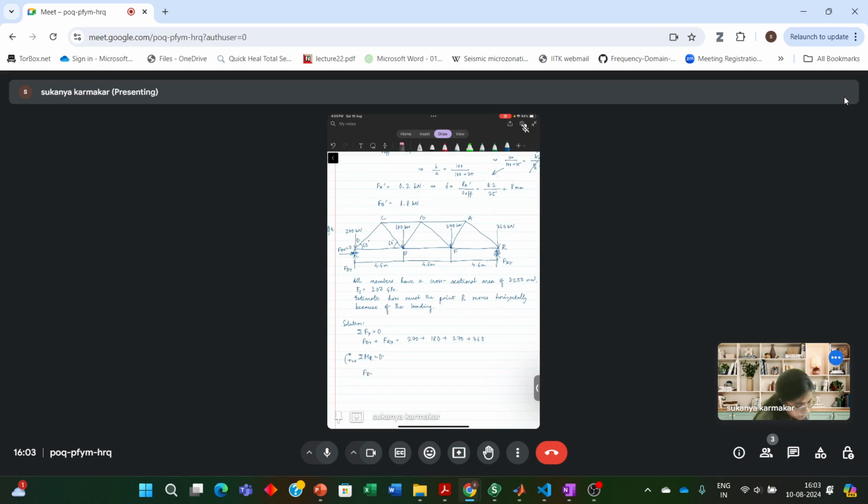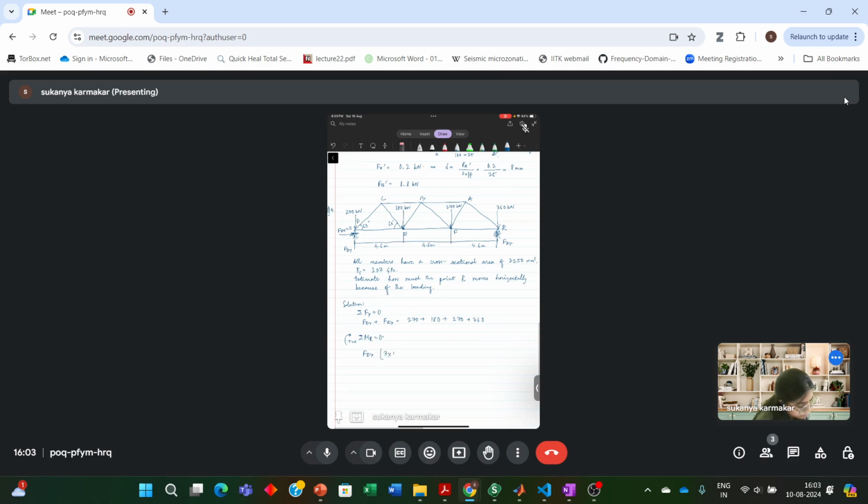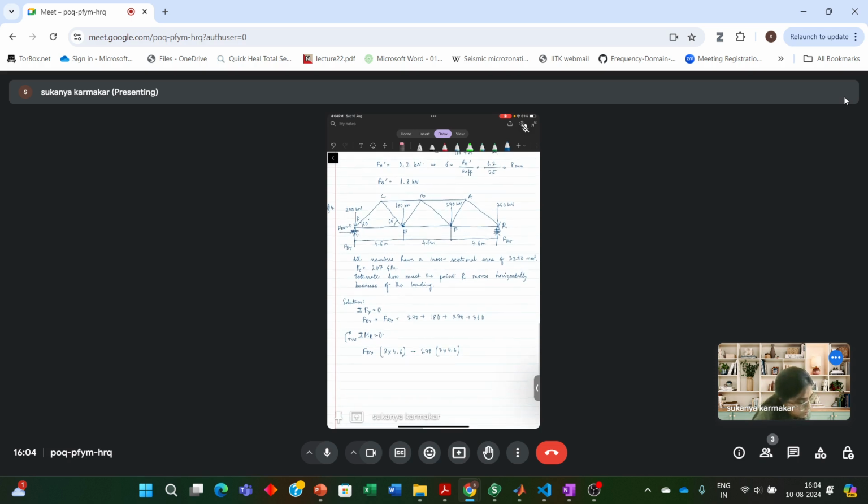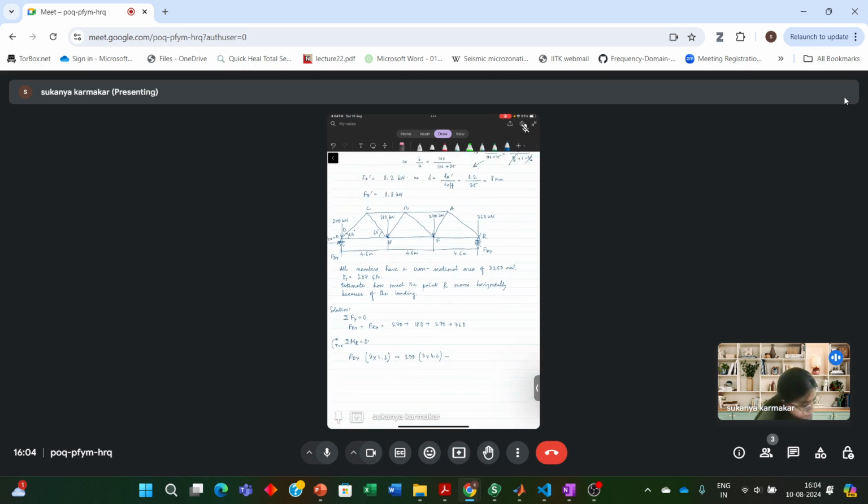So Fdy is at a distance of 3 into 4.6 because there are three panels each of length 4.6 meter, plus you have a point load of 270 kilonewton, which is also at a distance of 3 into 4.6, plus this is in the opposite direction, this 270 kilonewton point load, so minus, again here you should have minus, so minus 180 into 2 into 4.6 minus 270 into 4.6 is equal to 0.